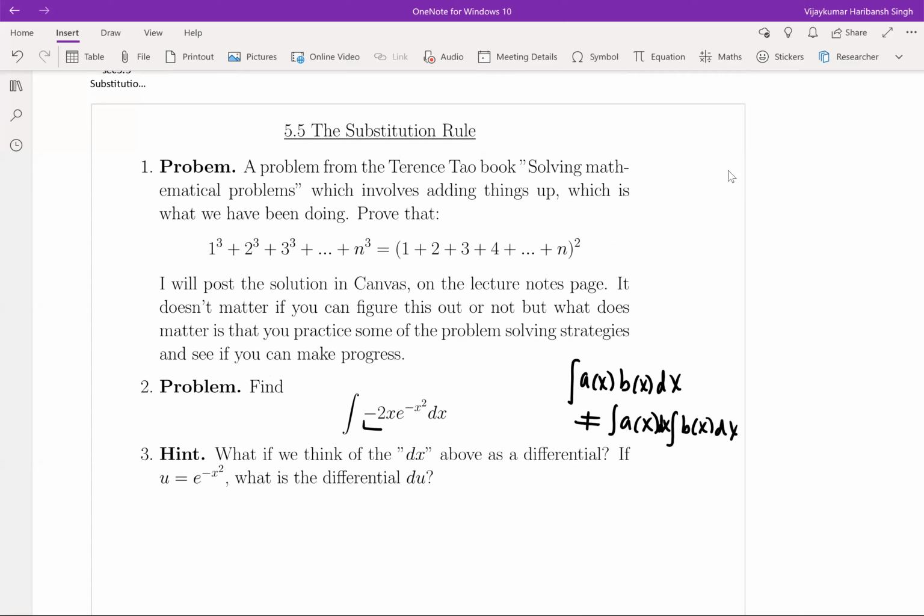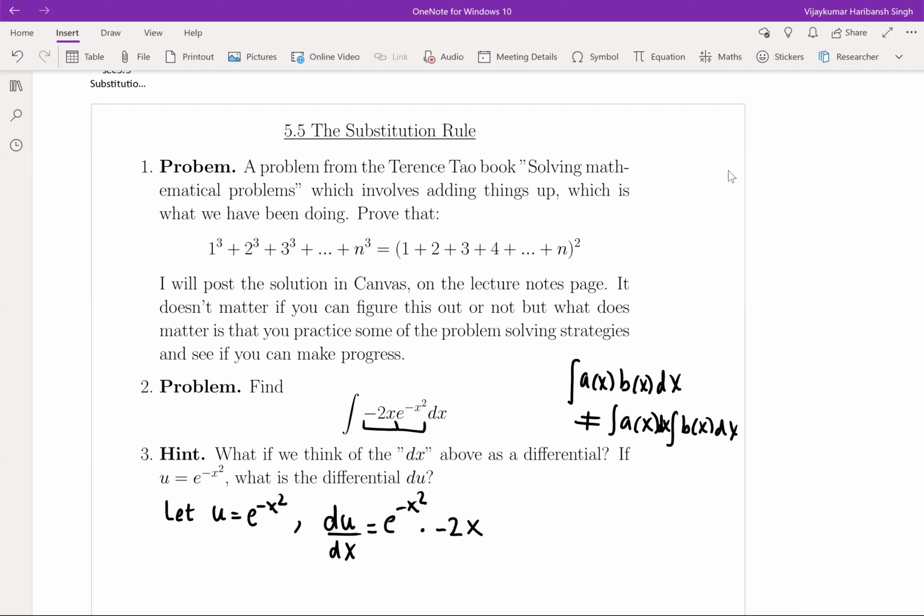So here you have minus 2x multiplied by e to the minus x squared, and you want to integrate it. Okay. So in this case, if you let u equal e to the minus x squared, then du by dx is e to the minus x squared times the derivative of minus x squared, which is minus 2x.